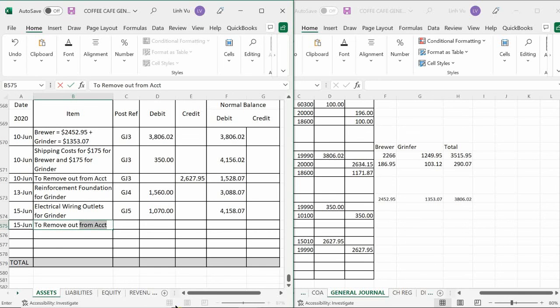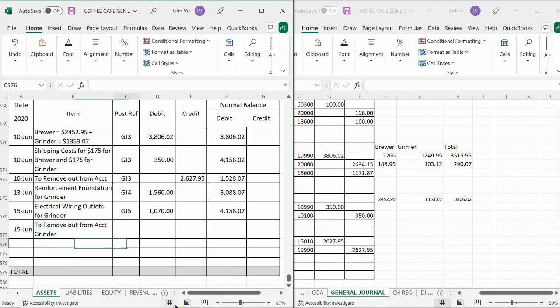On page 5, for whatever it came to, 4158.07. It would be credited this time. And that's going to bring my account down to 0.